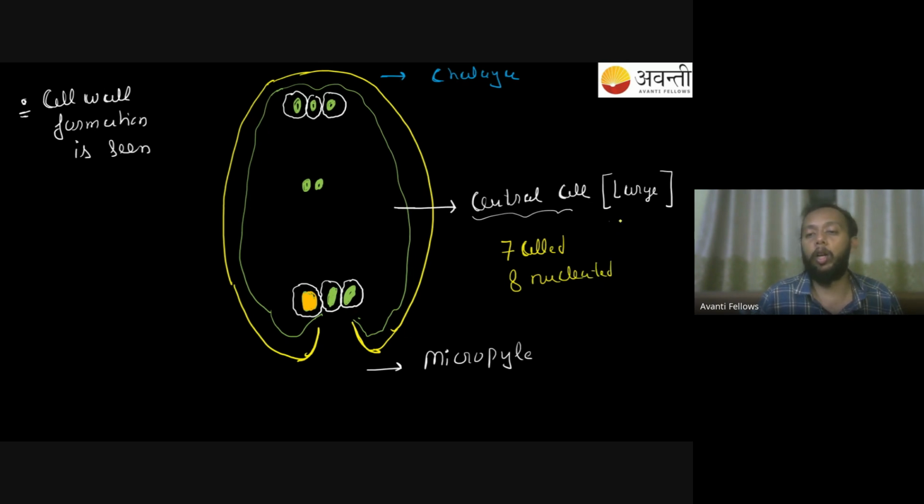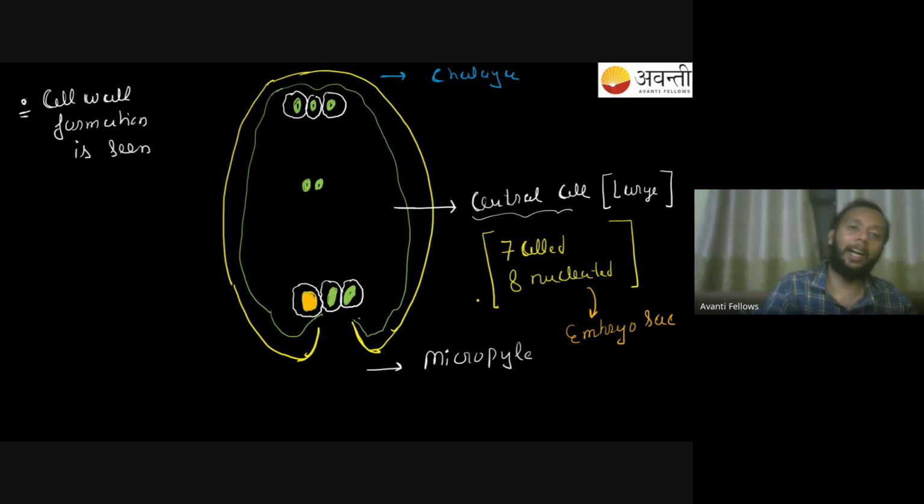This is what you will get to see in the embryo sac: a 7-celled structure and an 8-nucleated embryo sac. And whatever we have formed over here is nothing but my embryo sac. This that we have made here is called my embryo sac.